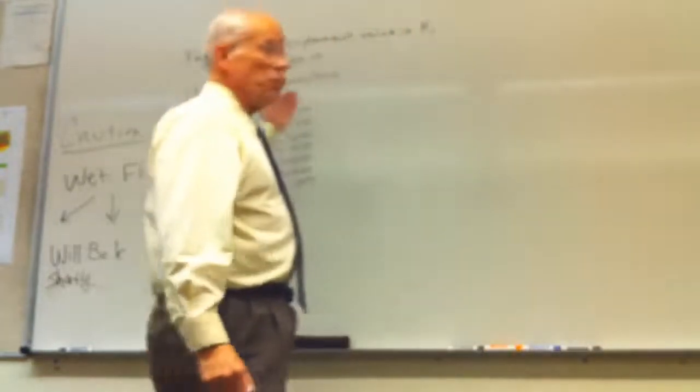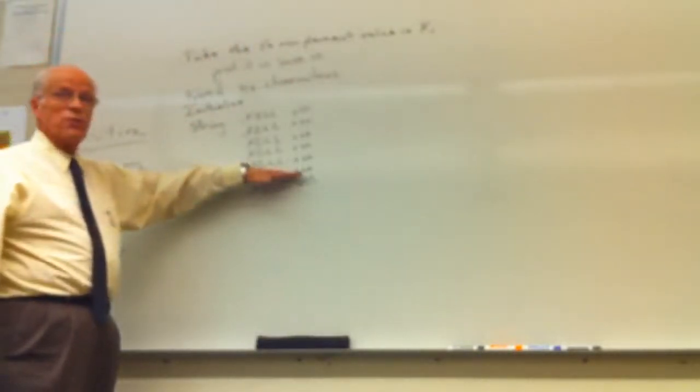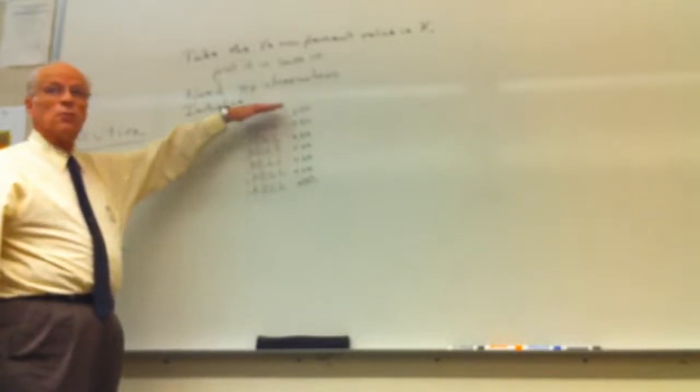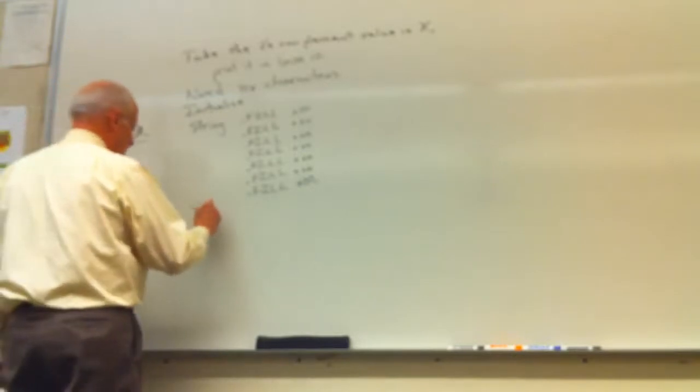So I'm just going to start with spaces everywhere, and then I'm going to fill in my digits as I find them from here backwards. Okay? That's my strategy.